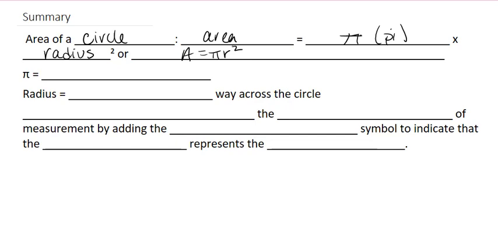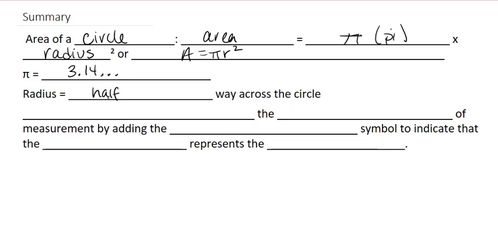Now pi is also represented as a number, which is 3.14, and then it just trails off with numbers. Now the radius is halfway across the circle.